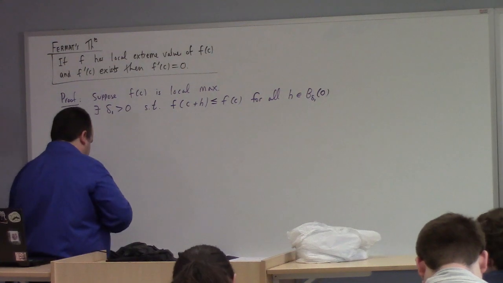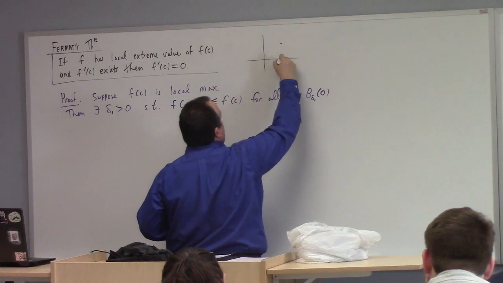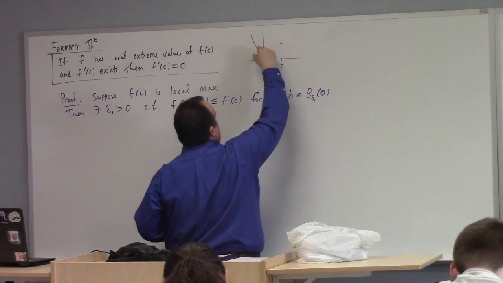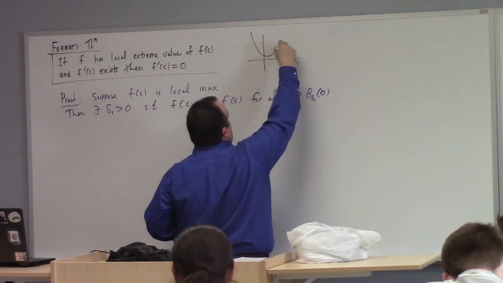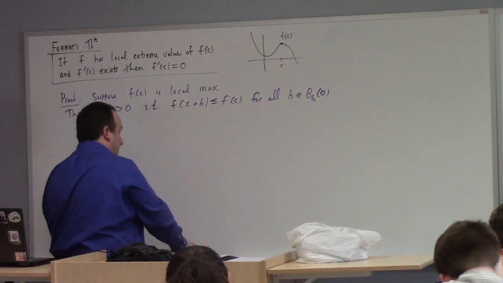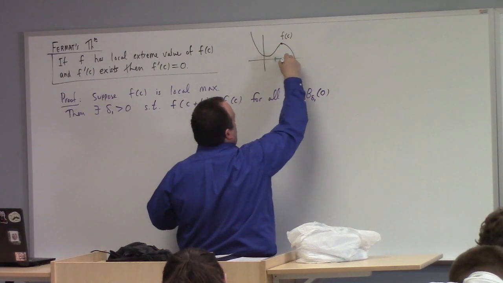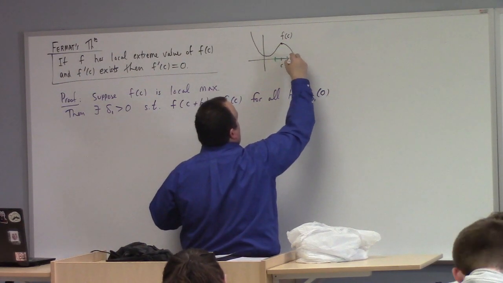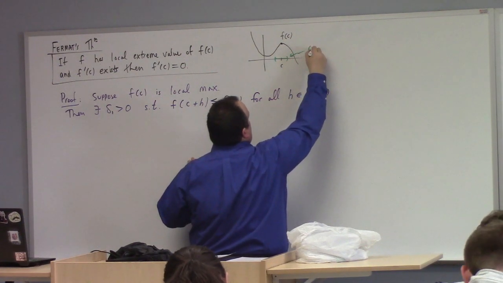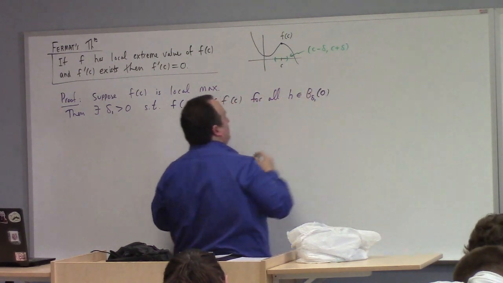Let me just draw a picture to show you what I'm doing here. So here's the graph. Here's c. And to say that it's a local maximum of f of c means that I can pick some delta, so that if I'm like this, that right there would be c minus delta to c plus delta, right?